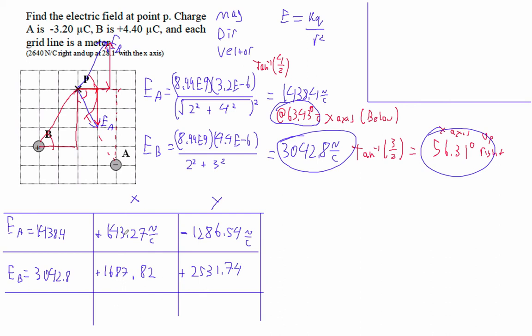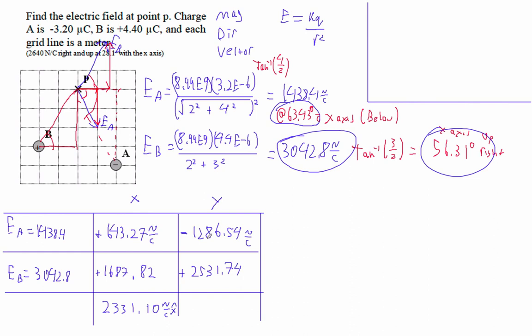I'm just going to add this and this. Okay, here we go. So 643, let's find that guy. So there it is. Plus 1687. This is 2331.10. All right, that's newtons per coulomb in the x direction, right?